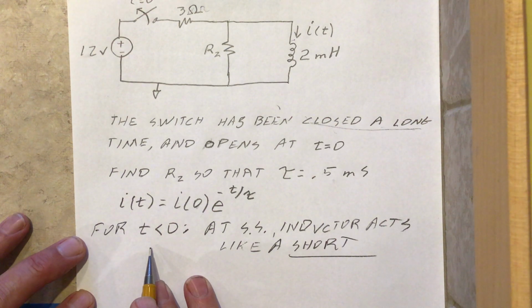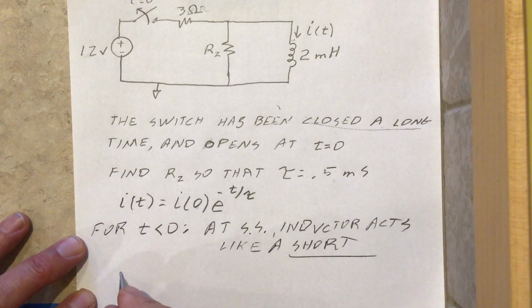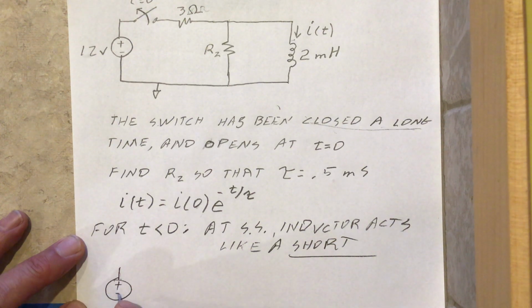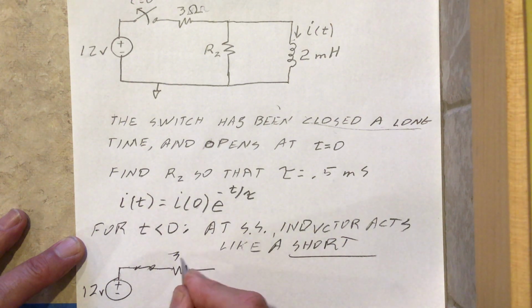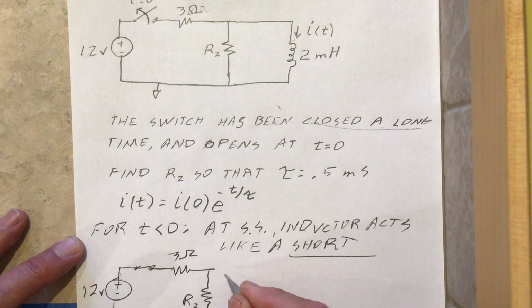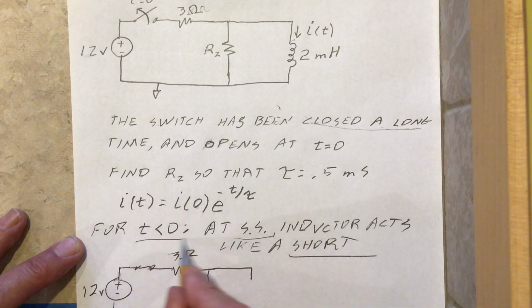So before the switch opens, what do we have? Let's redraw the circuit. Always redraw the circuit. You may think you can do it in your head, but better safe than sorry. All right, so there's my switch that's closed. I have a 3 ohm resistor here. I have R2, which is of unknown value. That's one of the things we need to figure out. And it's at steady state.